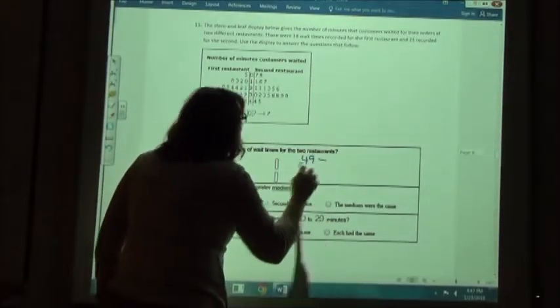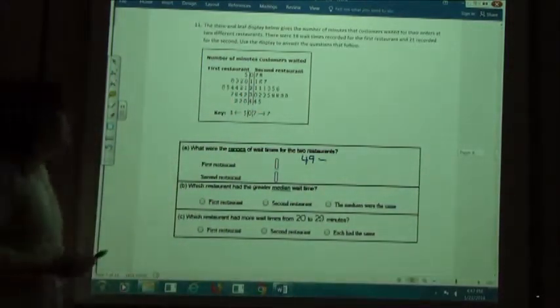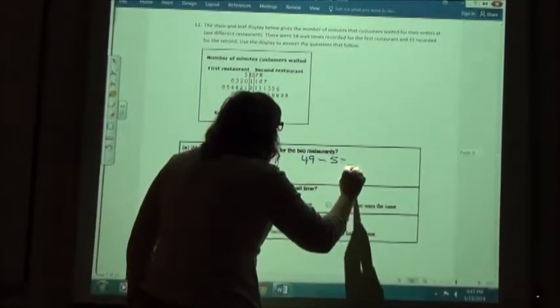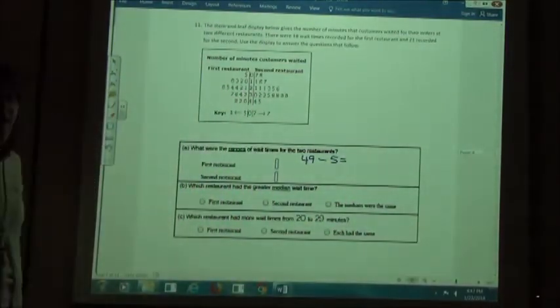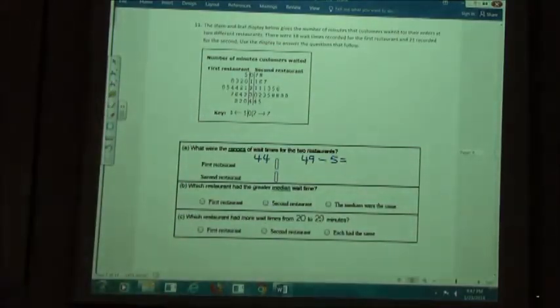And then I'll subtract my lowest wait time, which was 5 minutes. What is the range between 49 and 5? 44 minutes, right? So the range between my wait times is 44 minutes.